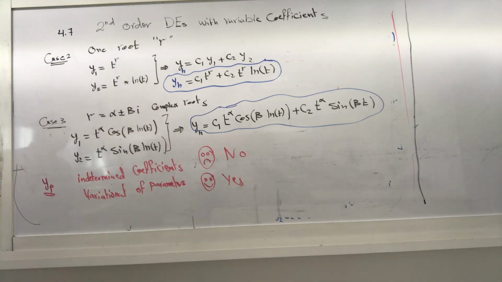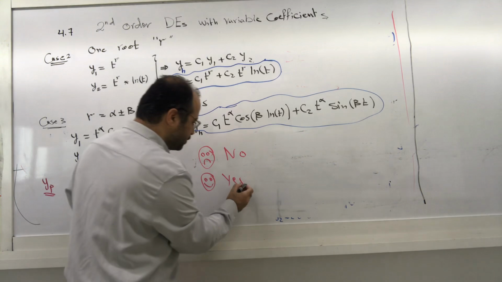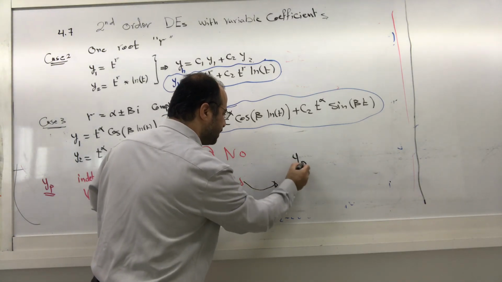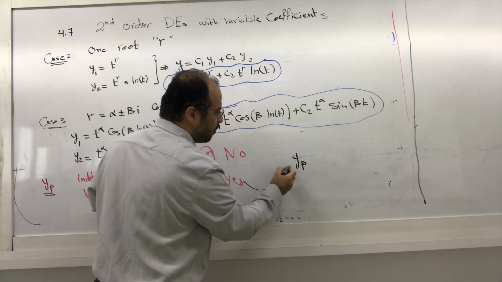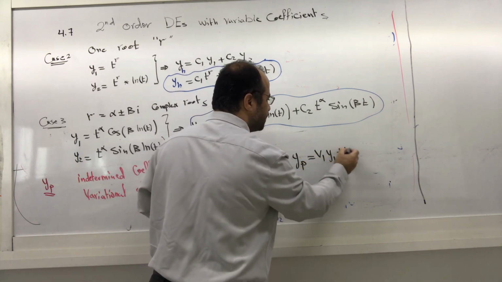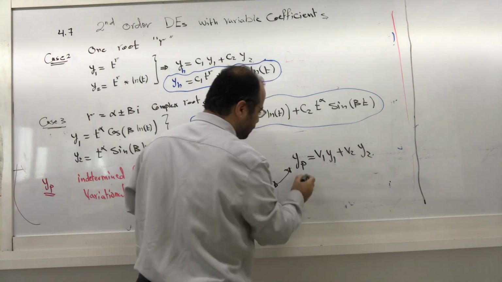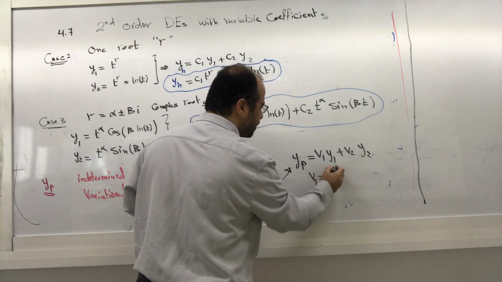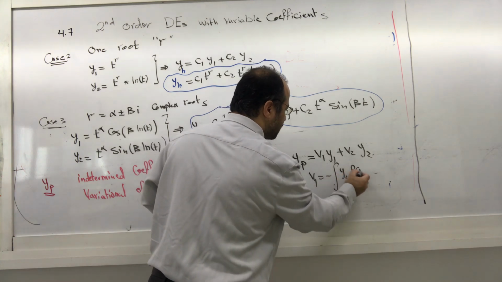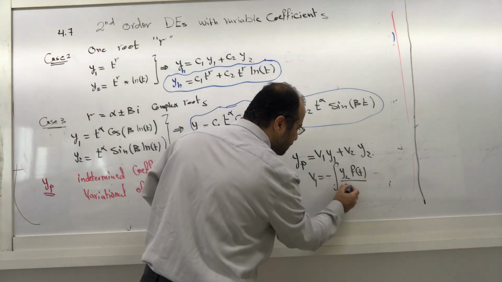Do you still remember the formula for this? Y particular will be v1 y1 plus v2 y2. And you know the story: v1 is minus the integral of y2 f of t over a of t.